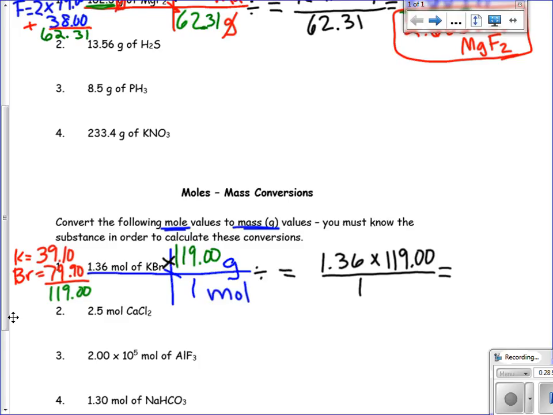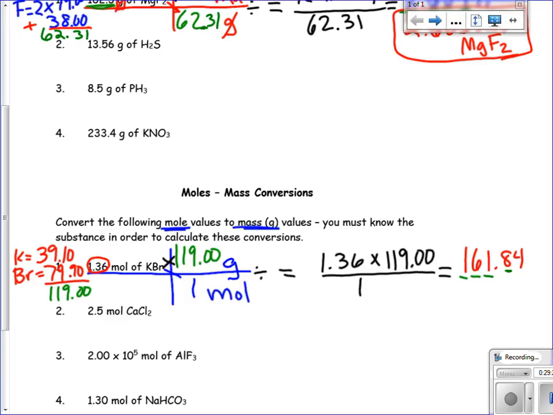Now, significant digits for this one. How many do we get to keep in our answer? How many do we start with over here? 3. So how many do we get to keep over here? The calculator answer ends up being 161.84. So I'm going to keep 3. 1, 2, 3. Do I round up my 1 or leave it alone?